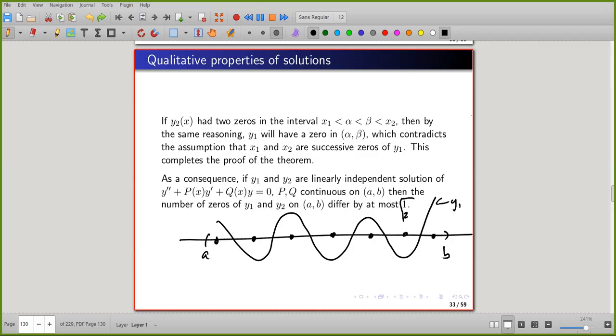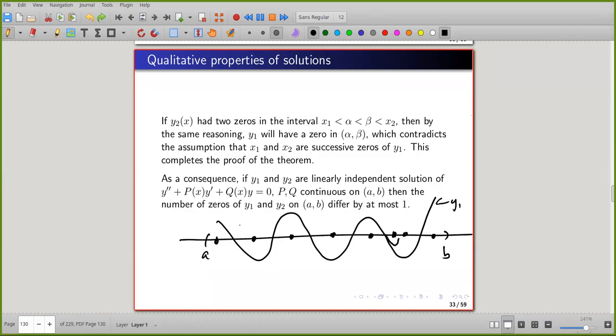Surely we cannot have that y2(x) has a zero here, because then our theorem will say otherwise. Someone is telling me that 1 is correct. Oh, okay, I'm sorry about that. Thank you for correcting me.